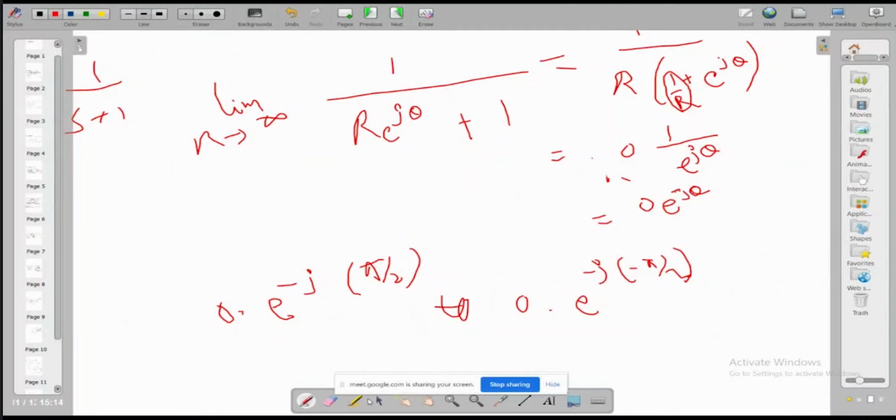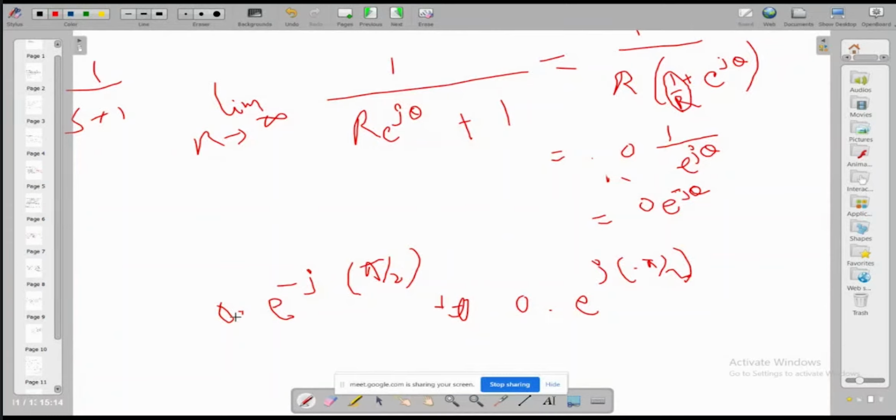This I can write with the signs cancelling, and this is minus j pi by 2. Right. So the magnitude is 0 and the vector is at the origin, as the magnitude is 0 here.